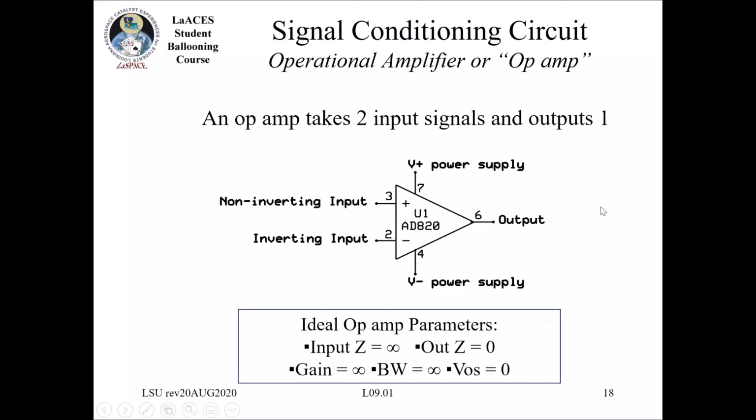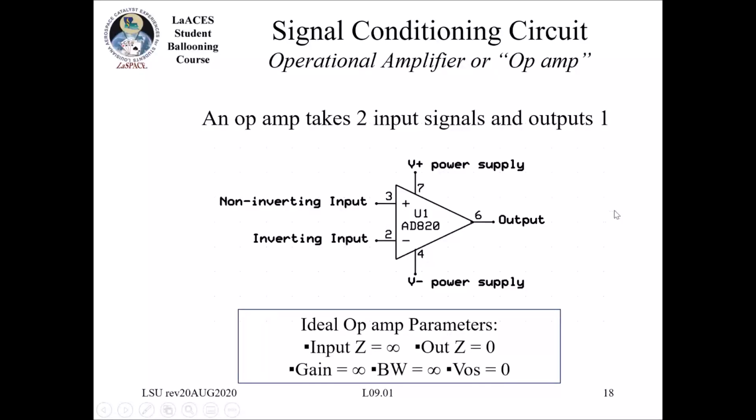That is our good old friend, the operational amplifier. The operational amplifier is a very powerful little circuit that comes in discrete packages. You'll be using quite a number of these over this semester and next semester. Basically, it takes 2 input signals and outputs 1.